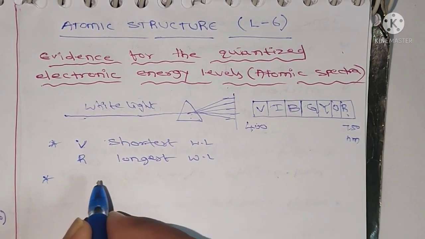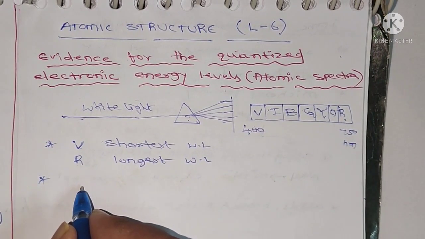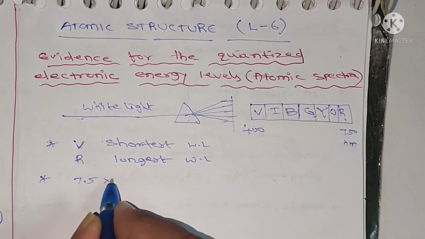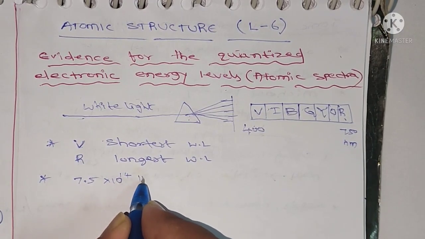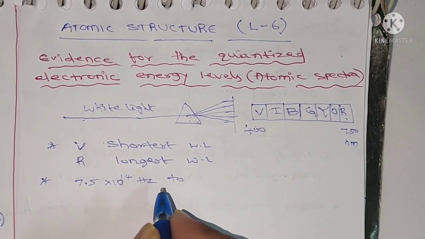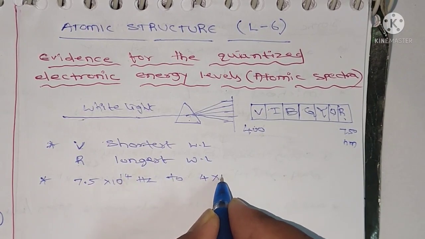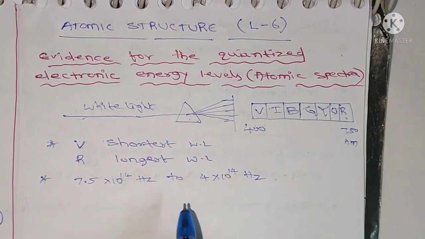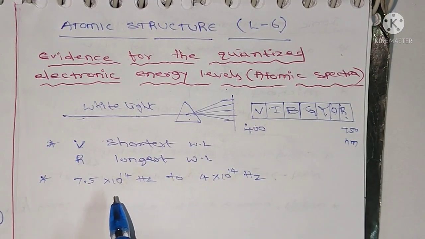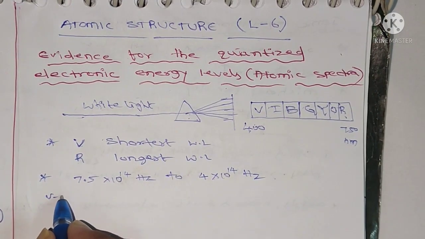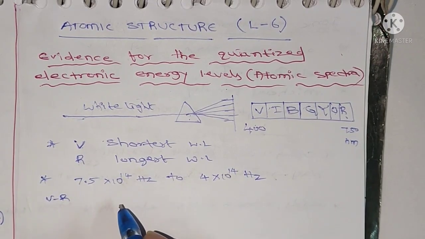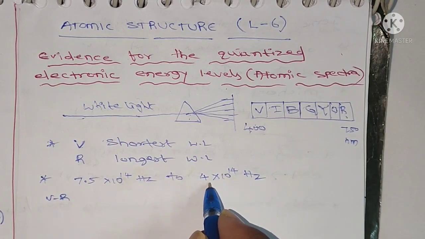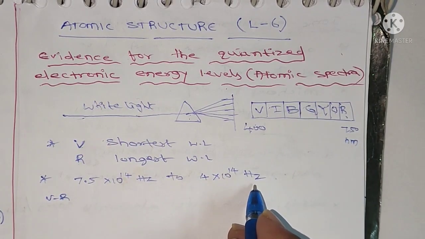And the spectrum ranges from violet to red, 7.5 into 10 to the power of 14 hertz to 4 into 10 to the power of 14 hertz.